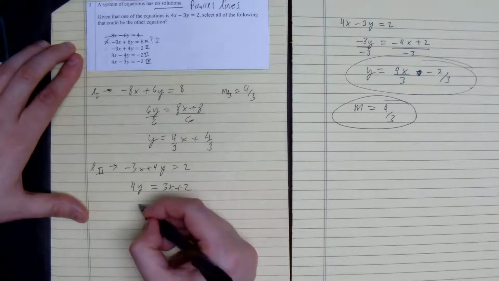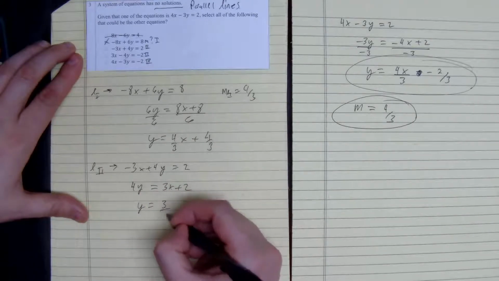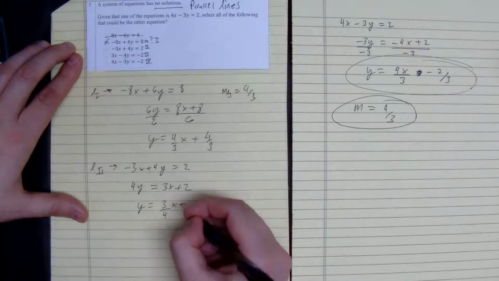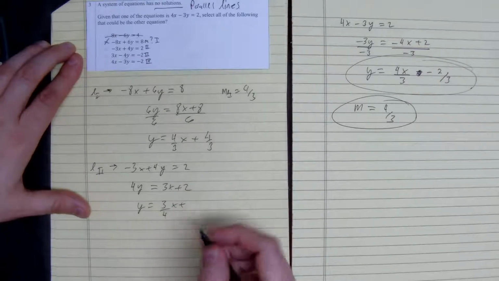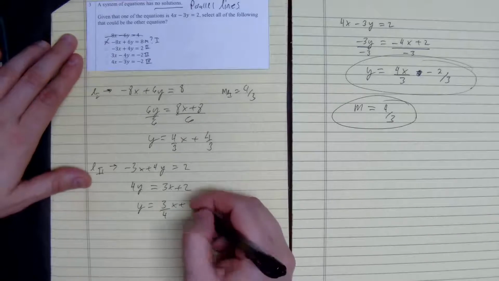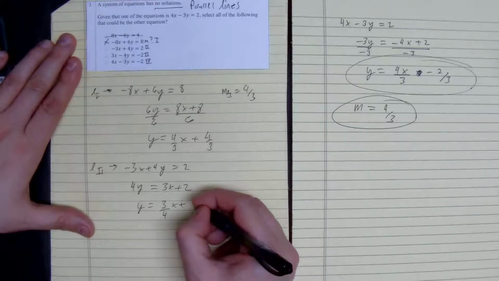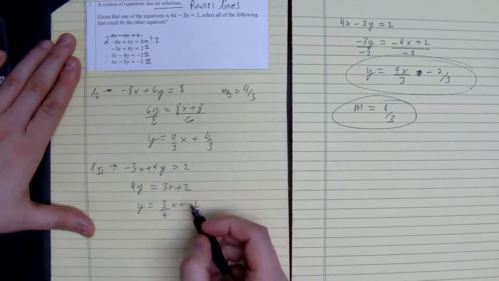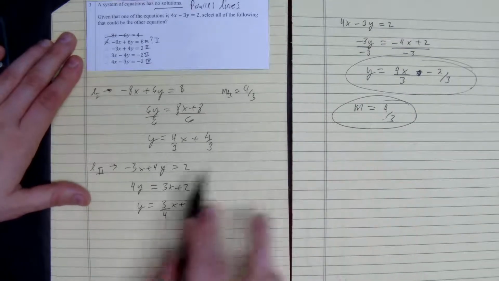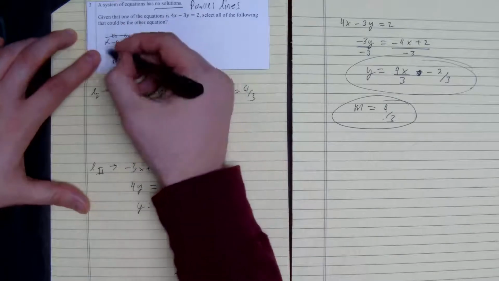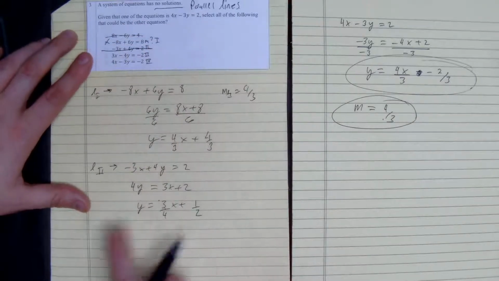Divided by 4 now, so we get 3/4 x plus 1/2. So you look right here, we have 3/4, which is not the same slope. So we don't have to focus on that one.